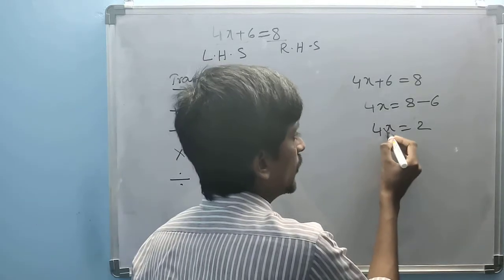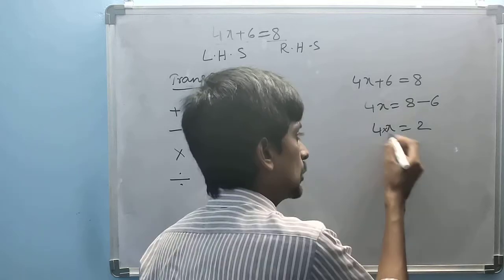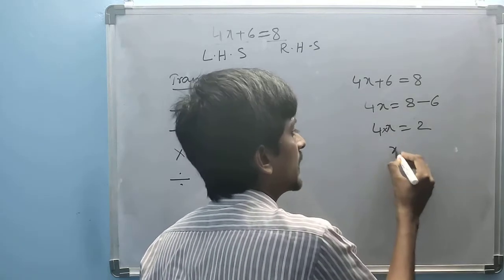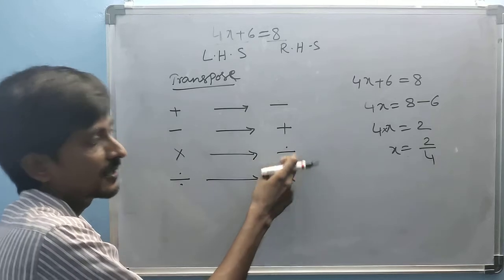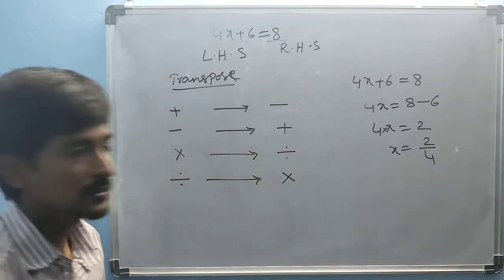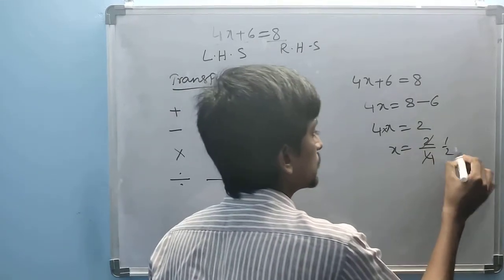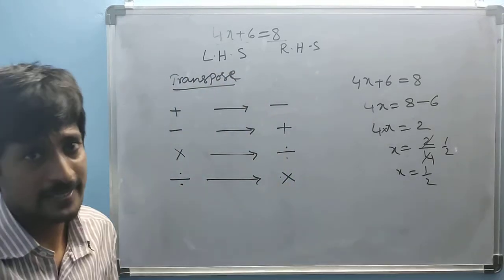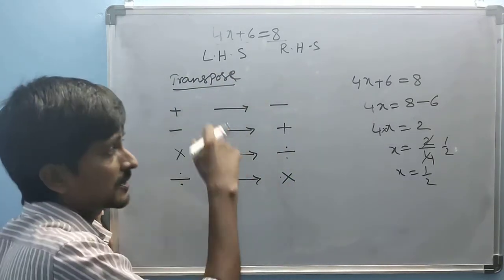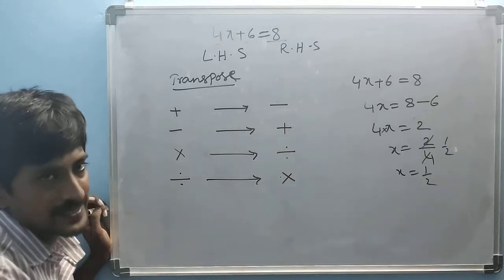Here 4x means 4 into x. So the multiplication is transferred to this side: x equals 2 by 4. When it is transferred to that side, it becomes divided by 4. So 1 by 2. That is transposition. A plus quantity transferred to the other side becomes minus.